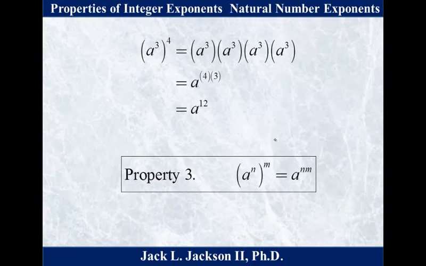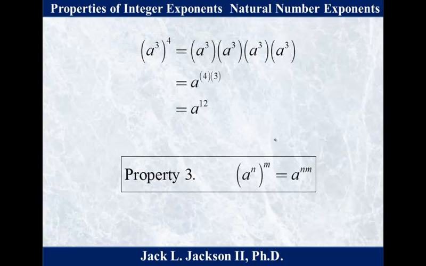Let's go on to the next one here. A to the third, then raised to the fourth power. Well, the base now for the power 4 is a cubed, and so we have 4 of those: a cubed times a cubed times a cubed times a cubed. But we know that means a to the 3 plus 3 plus 3 plus 3. Well, that's repeatedly adding the same thing, so that's a to the 4 times 3, or a to the 12th.